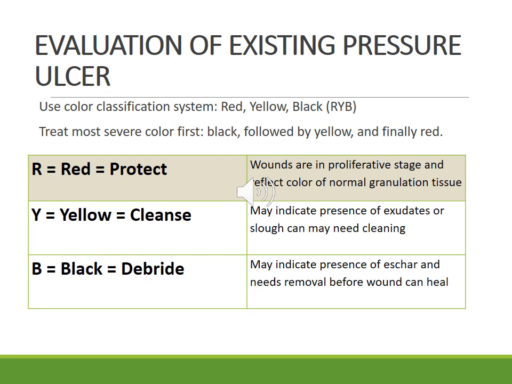We need to protect that area. We need to keep the patient off of that area. If they have that red area to their heel, we're going to elevate their heel so it's not touching anything. Yellow indicates a presence of exudates or slough, and you may need to clean or cleanse that area. And B stands for black or debride. And this indicates a presence of that dead tissue that needs to be removed before the wound can properly heal.